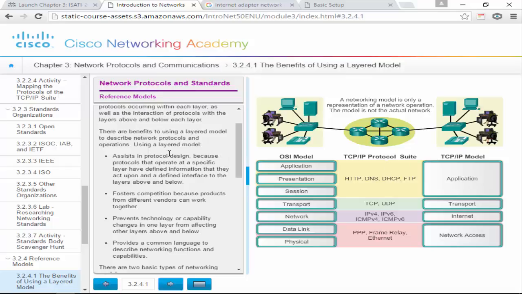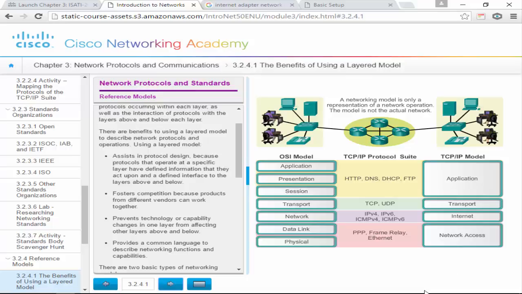So it assists in protocol design, because protocols that operate at a specific layer have defined information that they act upon, and a defined interface to the layers above and below. It fosters competition because products from vendors can work together. Alright, so that's the difference with open standards. Before, Novell was building their own thing, everybody was building their own thing.